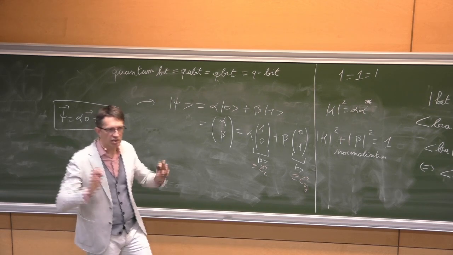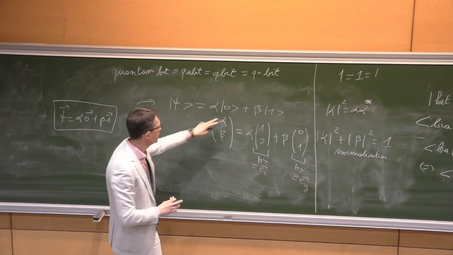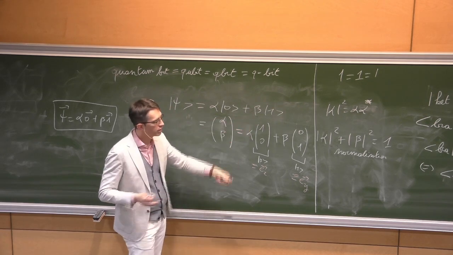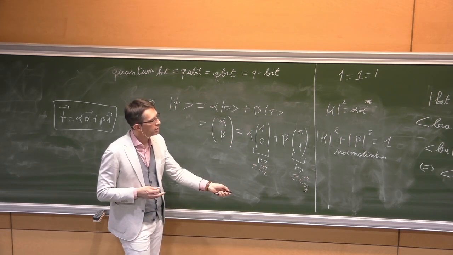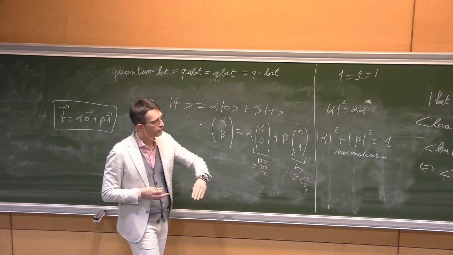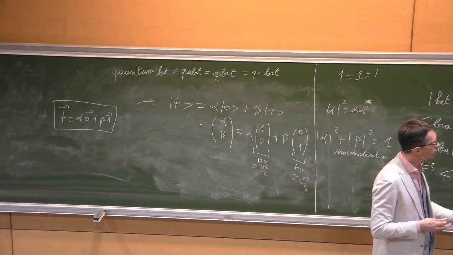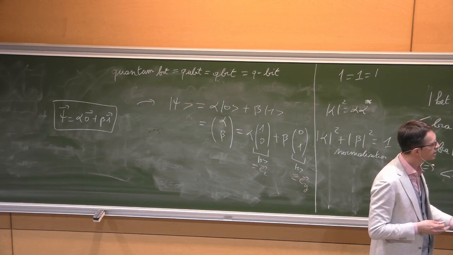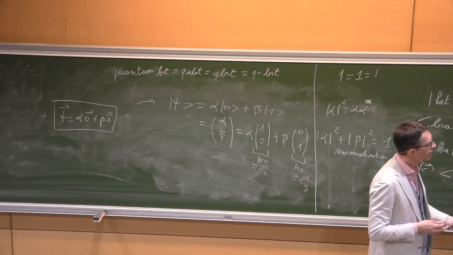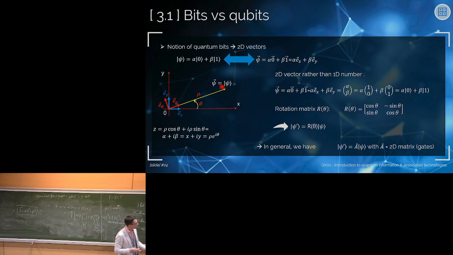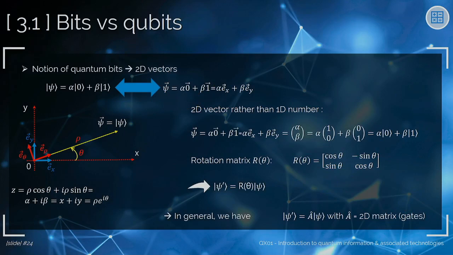This superposition of being both 0 and 1 at the same time is given by the rotation of a vector going, say, from the x-axis to any angle. For this, I can use a rotation matrix. This is the rotation matrix in 2D to move any vector in 2D from one direction to the other.